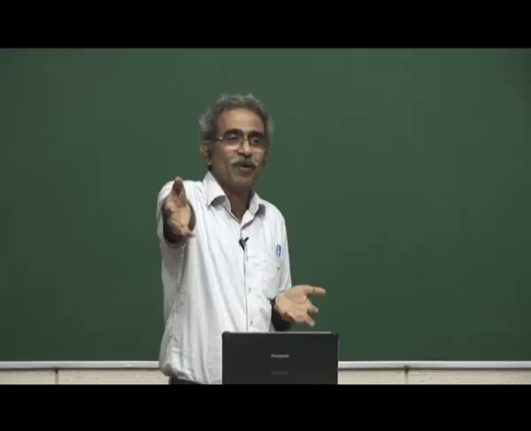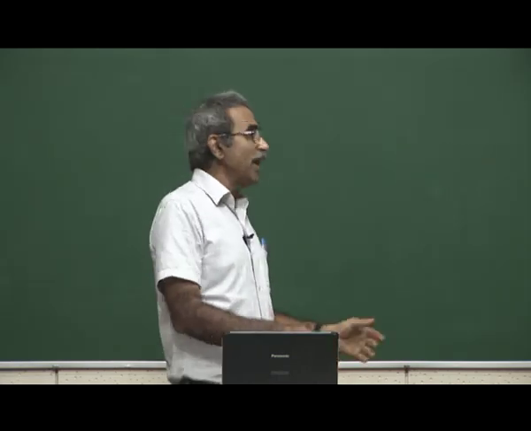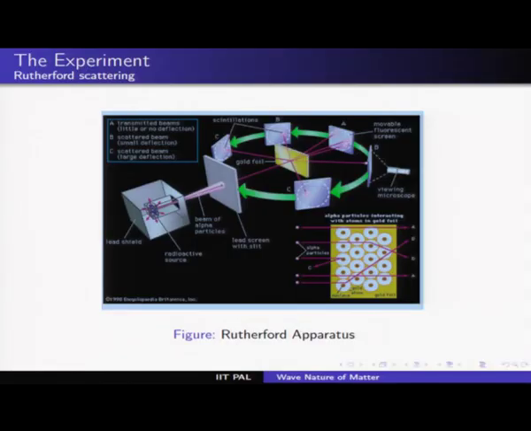You don't know when the next one will be emitted and scattered. So you wait patiently till you accumulate enough scattered particles in all directions. This experiment might have taken months or a year. And then you see whether you can infer anything about the structure of the gold atom.